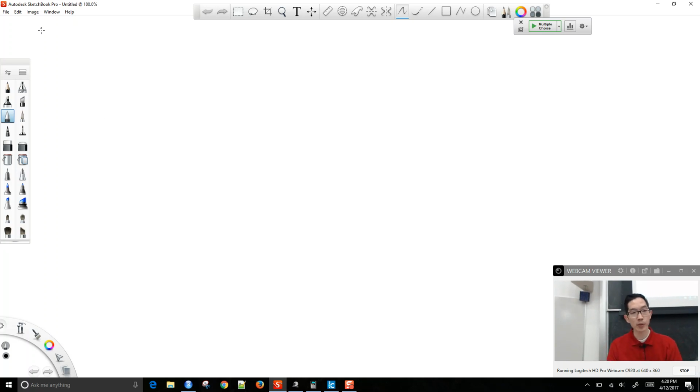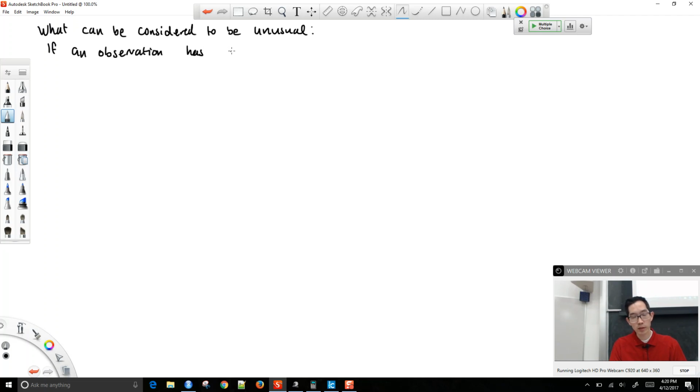A benefit of the empirical rule is we can start to have guidelines for what can be considered unusual. If an observation has z greater than 2 or z less than -2, so more than 2 standard deviations away from the mean, we say it is unusual.